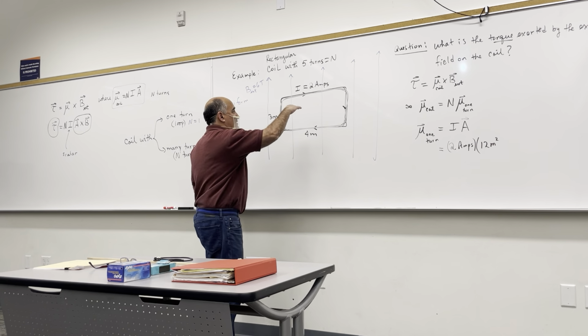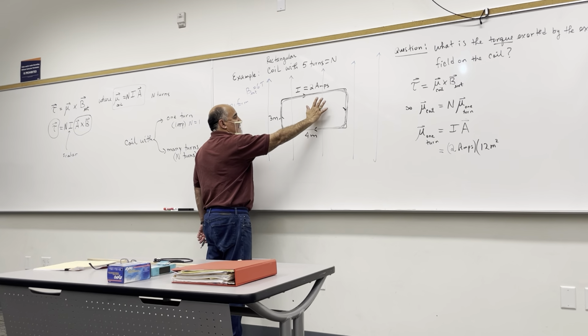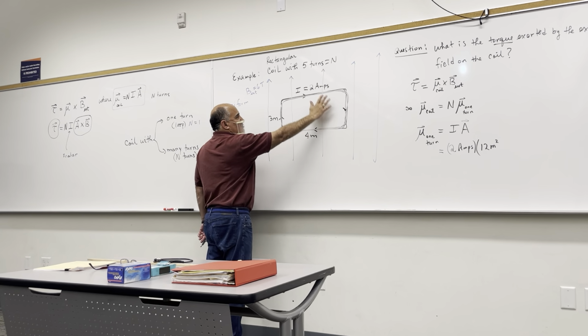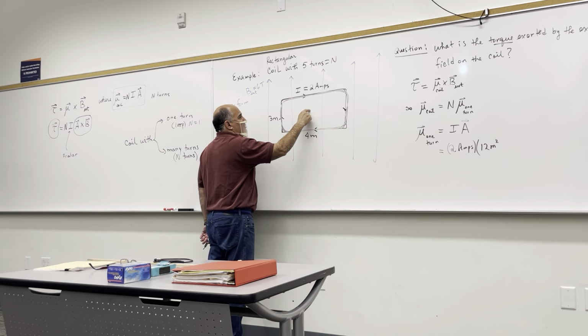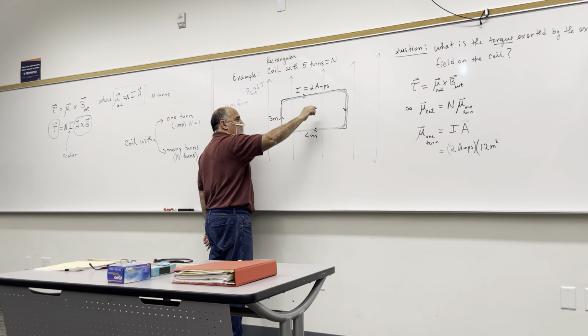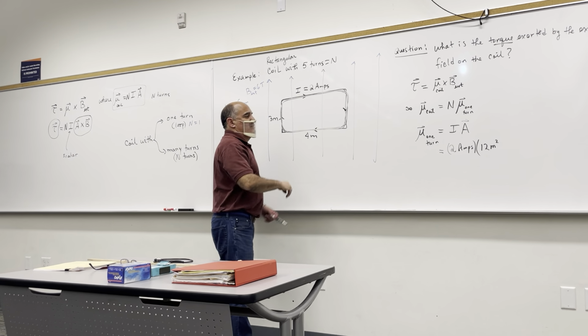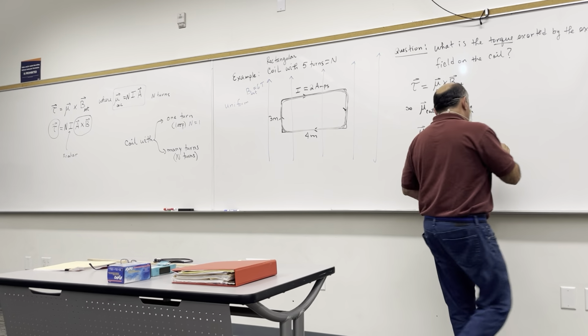Into the board, correct? So the coil is vertical. So the perpendicular to this coil is either out of the board or into the board, but since the current is in the clockwise direction around the coil, I'll just curl my 4 fingers of my right hand and my thumb points into the board. Right? So this is into the board.